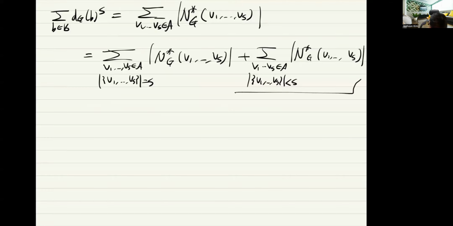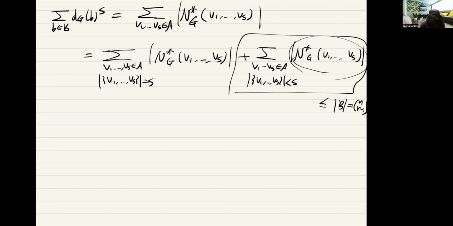But what's this term? This size is at most the size of B, which is n to the R minus 1. And the number of terms here: you choose S terms from A, but they are not all distinct. Two of them have to be the same.